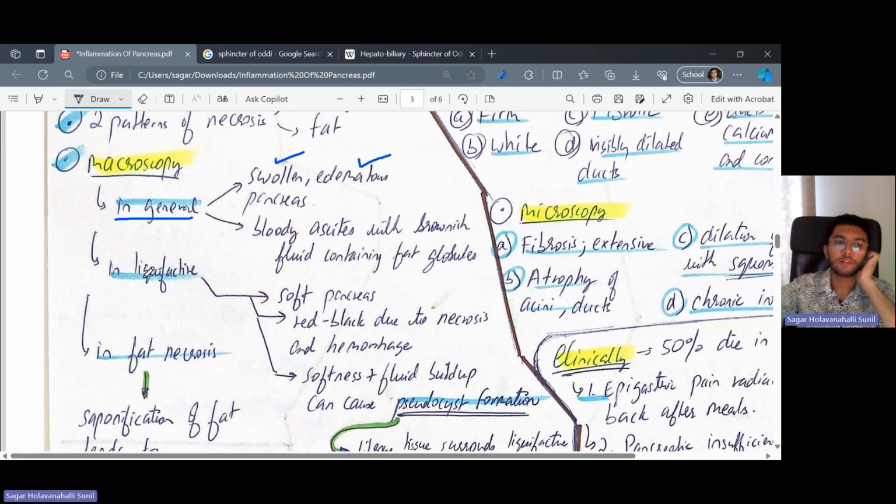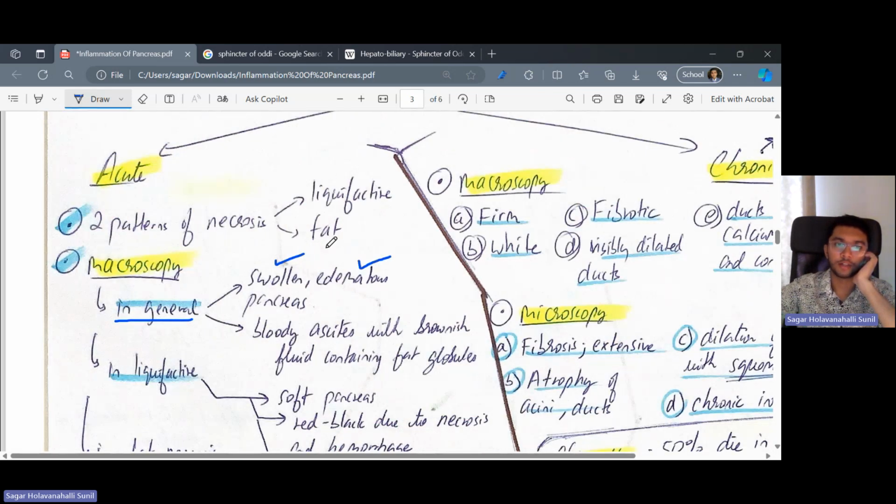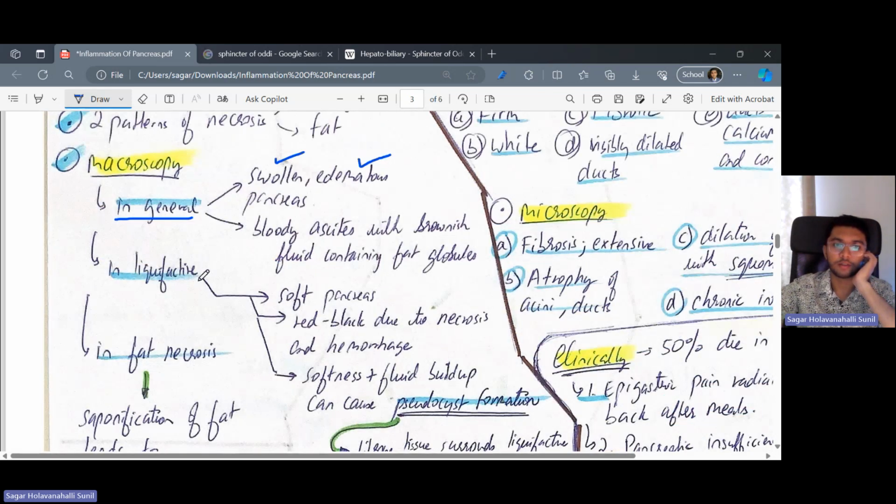Now, when we speak more specifically about liquefactive and fat necrosis: in liquefactive, the pancreas is soft, and there will obviously be hemorrhage. As I mentioned, elastases can damage the vessel walls as well. So there'll be necrosis and hemorrhage. This will lead to a combination of red-black pancreas.